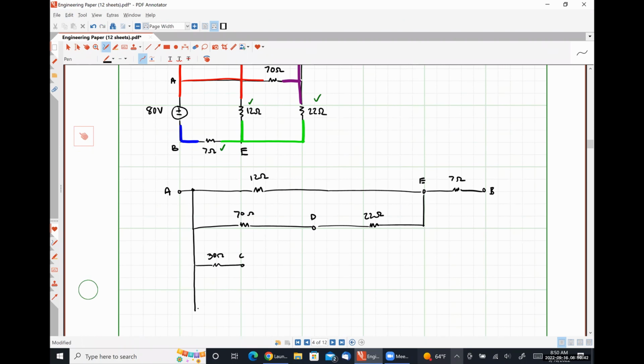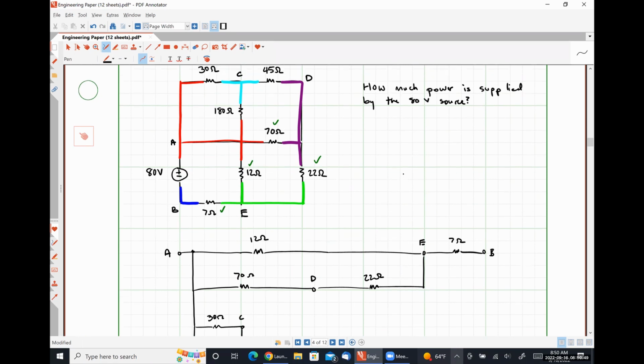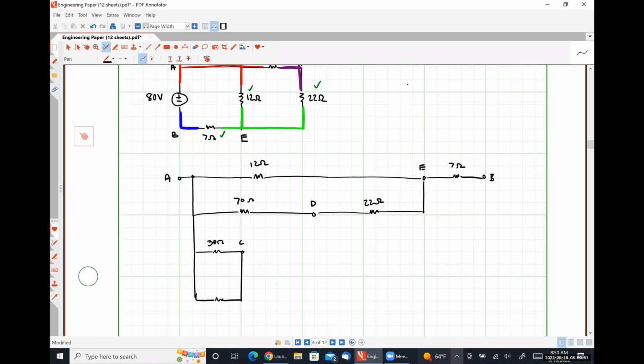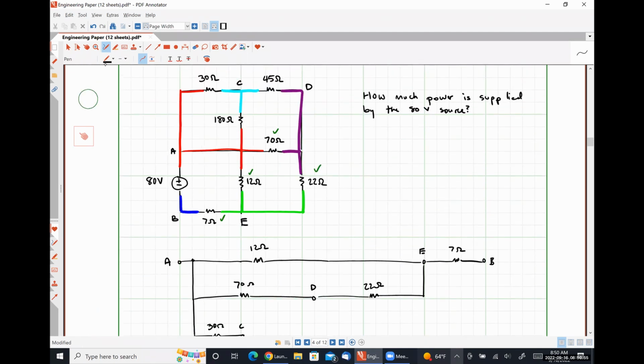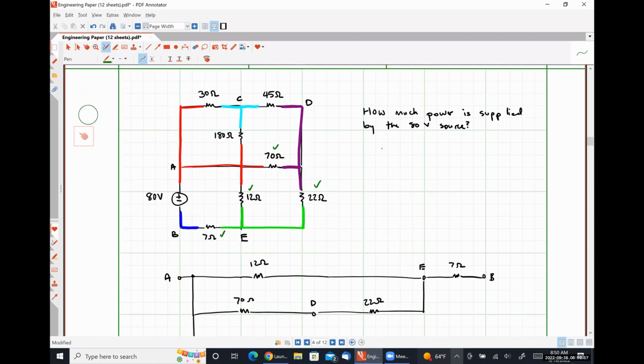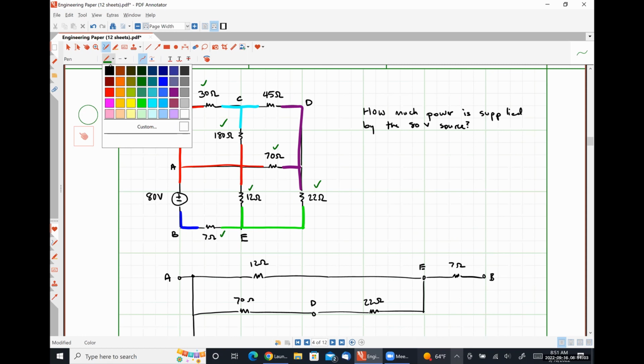I can go from A to C through the 180 ohm resistor. This guy and this guy. And then lastly, I can go from C to D through the 45 ohm resistor.